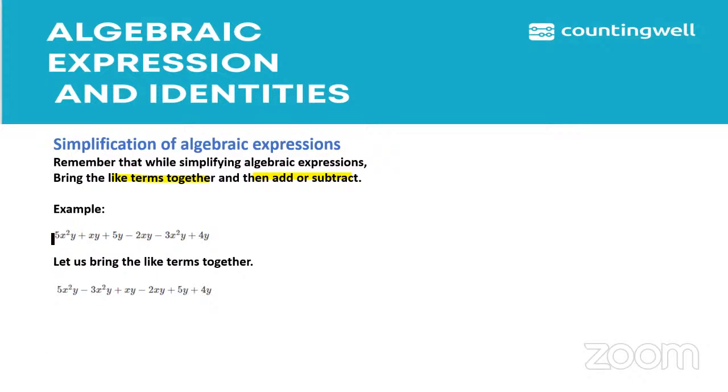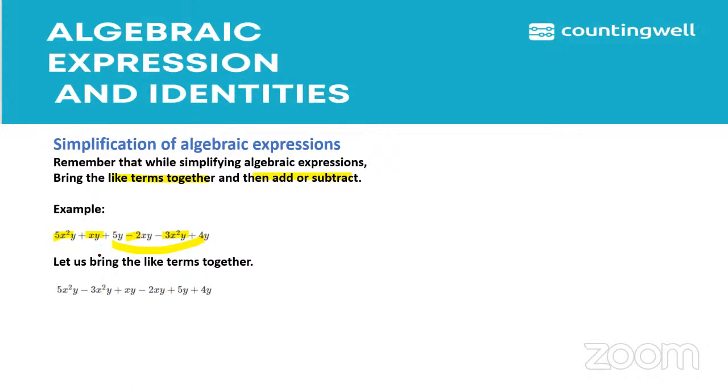So bringing the like terms, we have 5x square y minus 3x square y plus xy minus 2xy and 5y plus 4y. You have to group the like terms together using the signs of those terms.